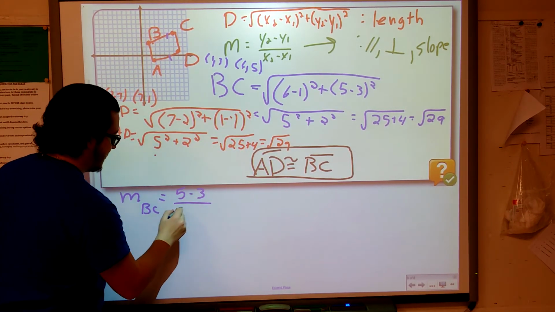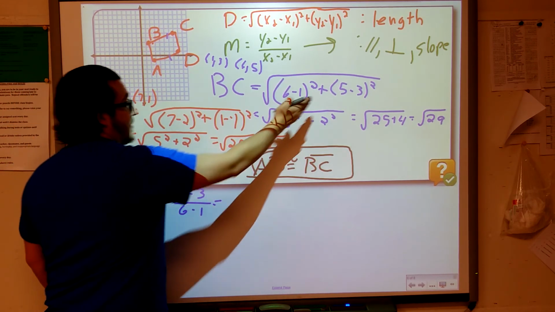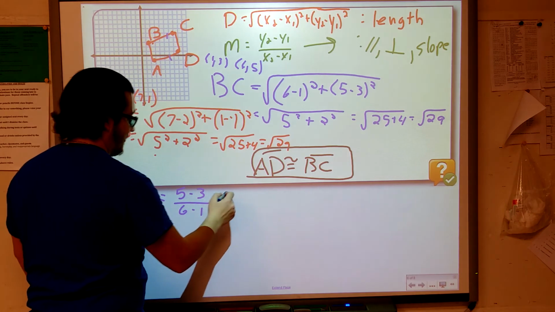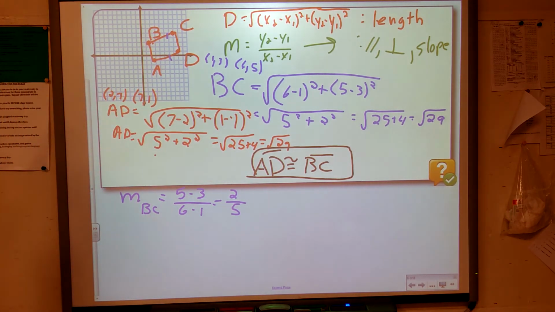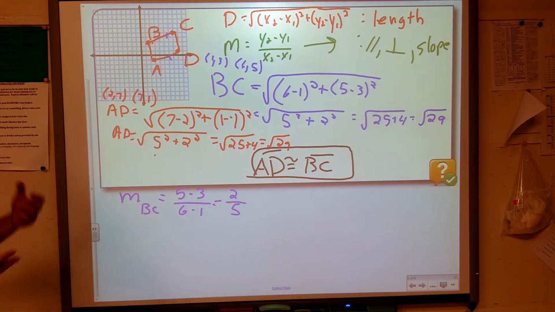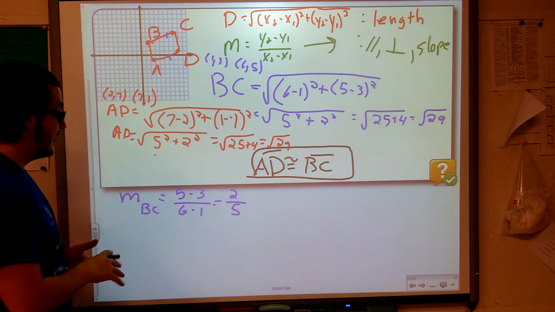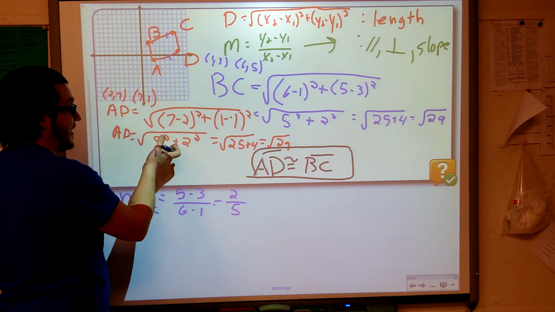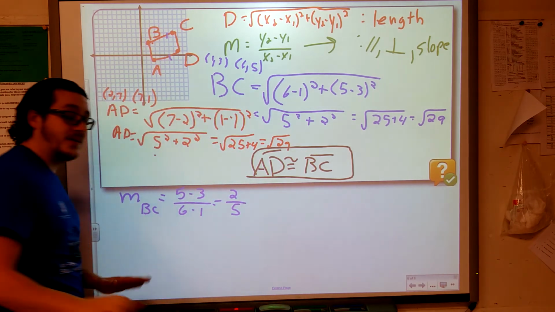Our x's were 6 minus 1. We've already done the math for that, right? So 5 minus 3 is 2, 6 minus 1 is 5. So we have a slope of 2/5. If you think about it logically, since we've already done that subtraction, we've gotten the same numbers as for our congruence. If you don't notice it, no big deal.